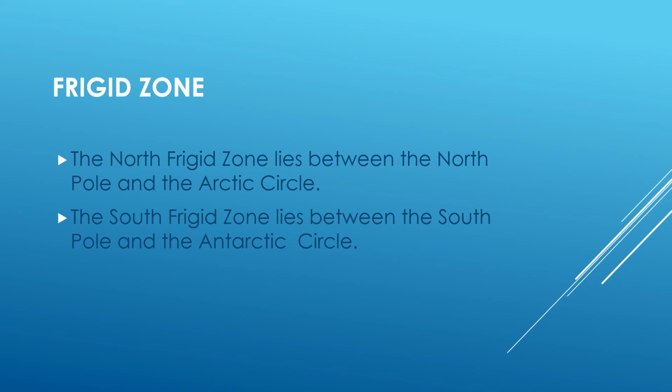If you see the diagram, it is at the bottom part. The sun rays are slanting here, that is why it remains very cold throughout the year. Because direct rays of the sun are not there, it is slanting and it is near the poles, that is why it remains very cold throughout the year.